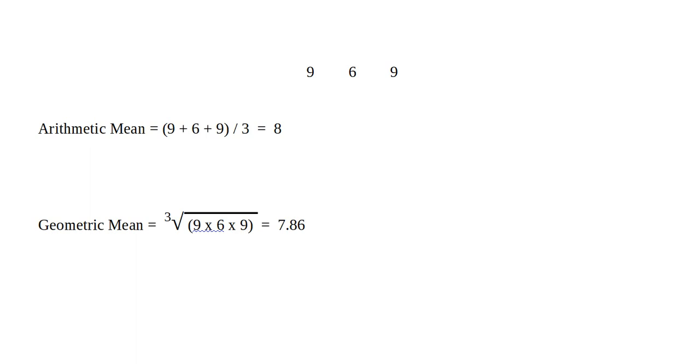But instead of dividing by 3, we take the third root. If we had 4 numbers, we would multiply all 4 together and take the 4th root on your calculator. And again, notice both my arithmetic mean and my geometric mean have values between the lowest and the highest values in that list. And now we'll go on and get another example.